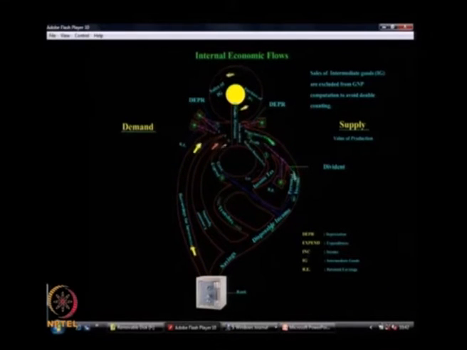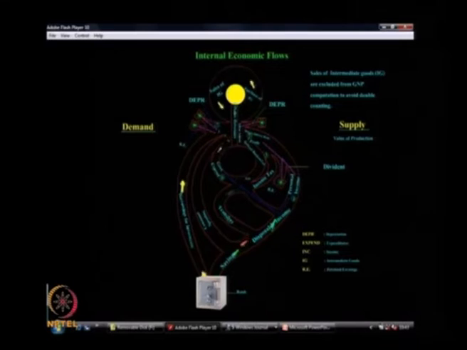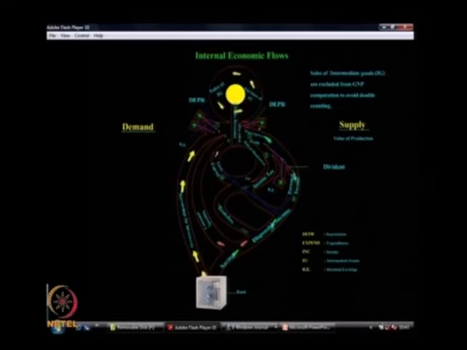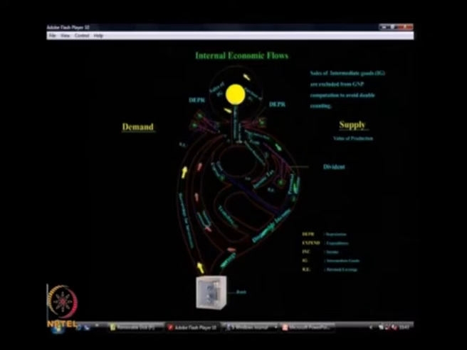Now what we are doing is the total value added, the GNP here in this case, is the total value added, which removes the purchases of intermediate goods to avoid double counting, as they represent sales of one business entity to another.